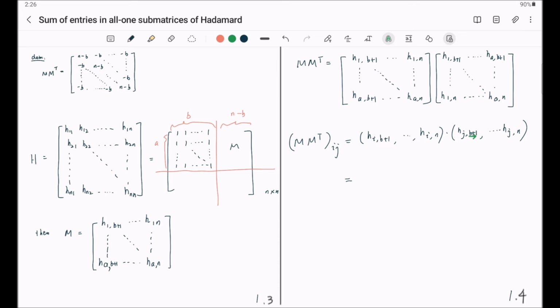To compute this inner product, we'll take advantage of the orthogonality between rows in H. We'll write this as the difference between the inner product of the ith row and jth row of H, minus the inner product where we truncated at the first B columns.